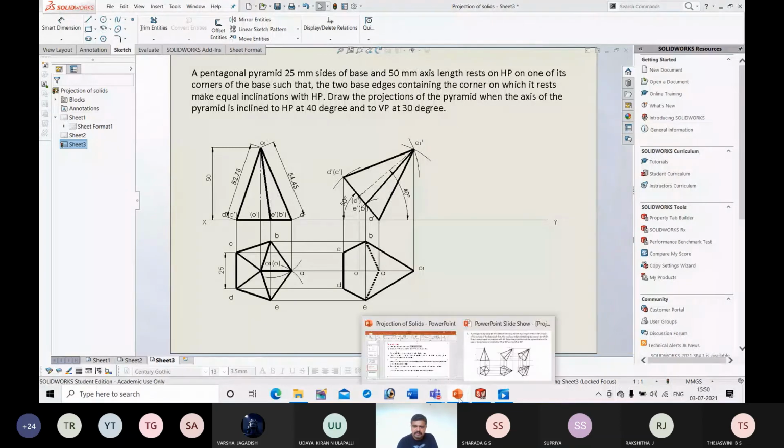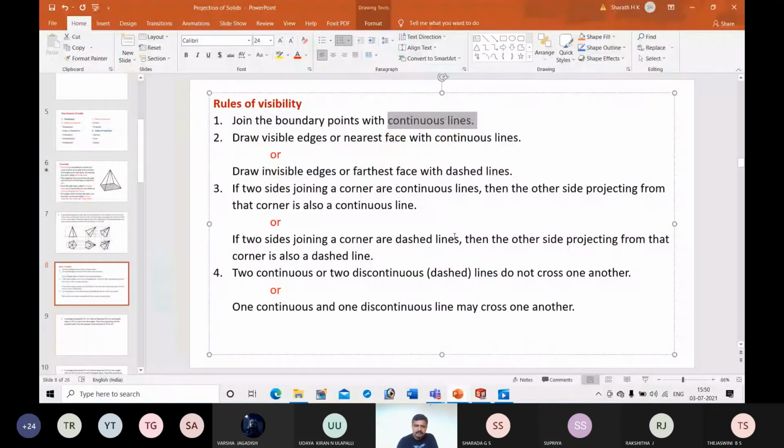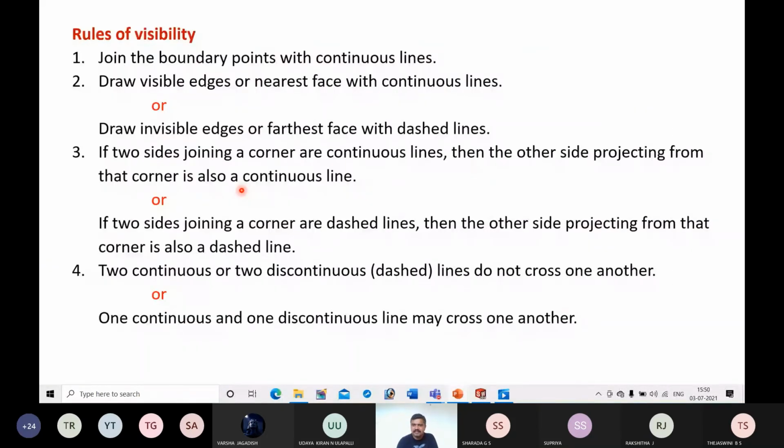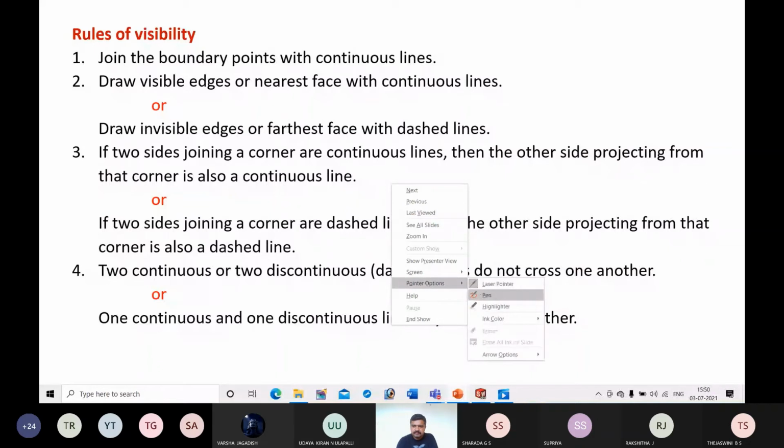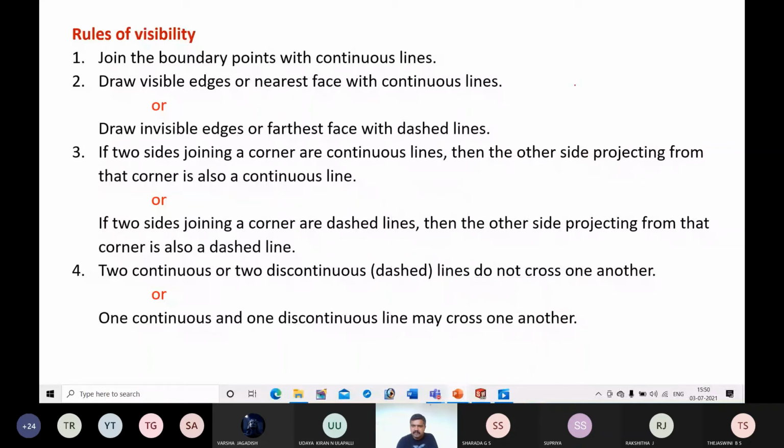The third rule of visibility is: if two sides joining a corner are continuous lines, then the other side projecting from that corner is also a continuous line. The meaning of this is, if there is a corner point connected by two continuous lines, the next line projecting from it should be a continuous one. Next, if two sides joining a corner are dashed lines, then the other side projecting from that corner is also a dashed line.